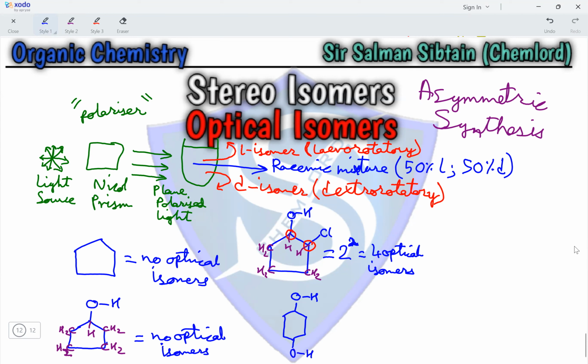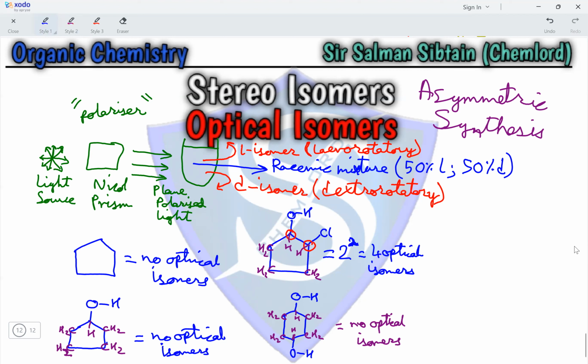So here we can have a hydrogen atom present attached to the carbon atom with the OH, with 2 CH2 groups on both sides, which means that on the left and the right there are the same groups present. There are only 3 types of groups present on the carbon atoms that we were checking. That means this compound will have no optical isomers.